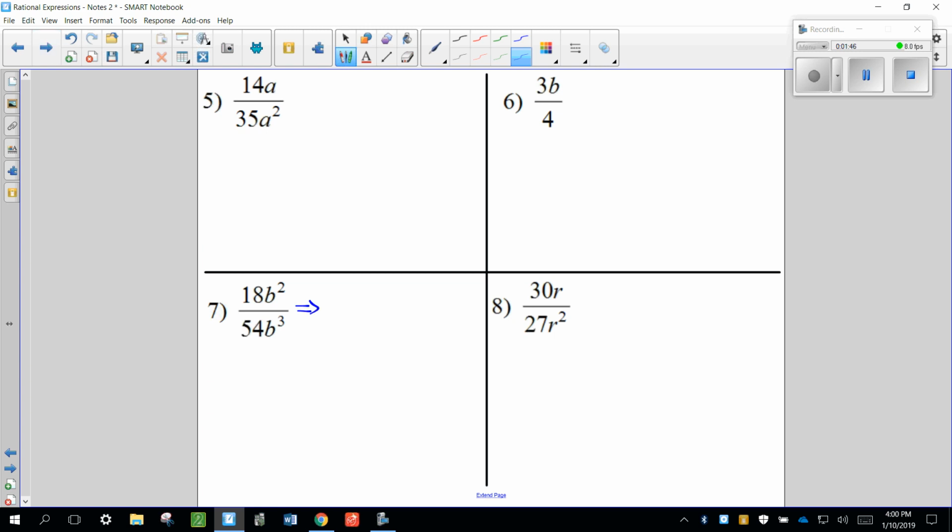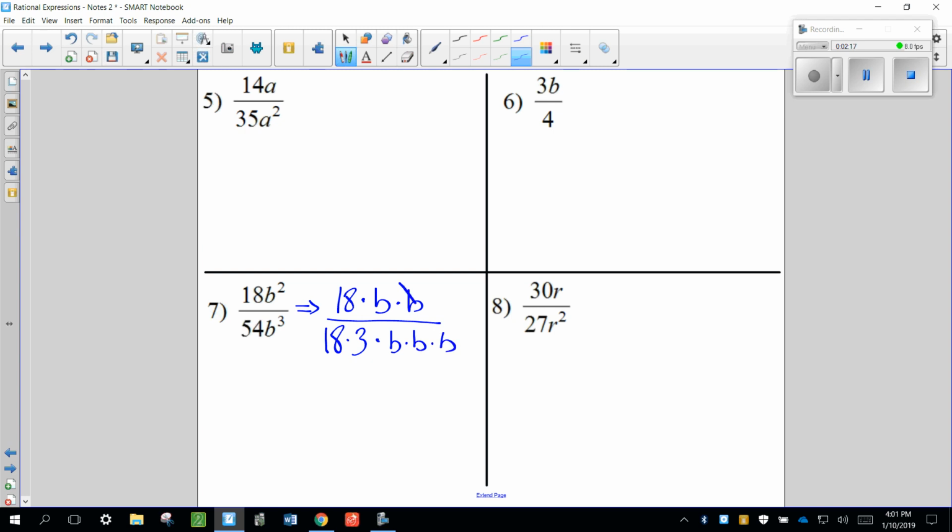You're taking out some greatest common factors, breaking these pieces up until you can simplify it. So we'll leave 18 as it is. And b squared, what is b squared? That would be b times b over 54. Can we divide 54 by 18? We sure can. That's 18 times 3. And then b cubed is b times b times b.